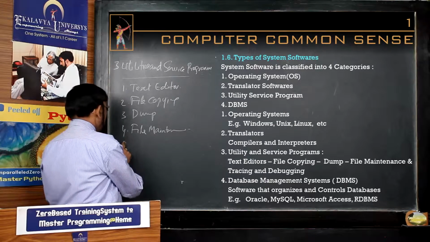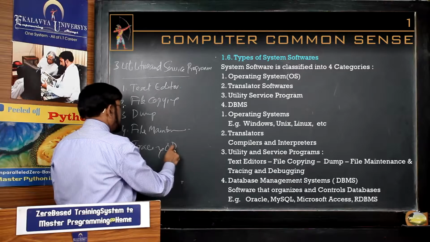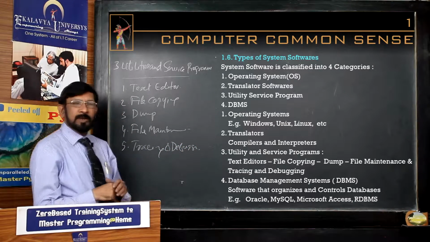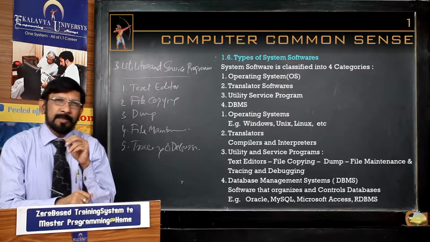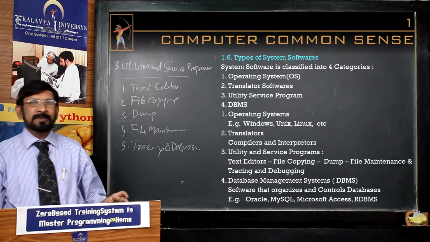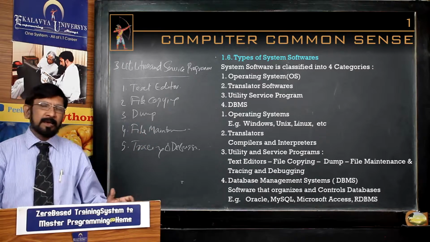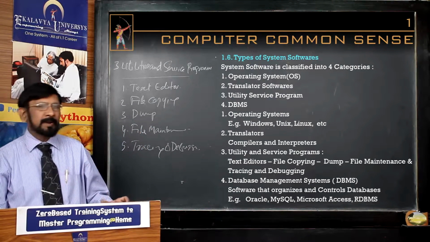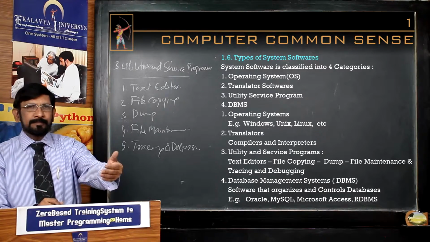Thereafter, tracing and debugging. Whenever we develop programs, errors are a very common feature, because of grammatical mistakes, what we call syntax errors. When even a single error is there in the program, it will never be compiled. Compiled means translated. Then you cannot go ahead.